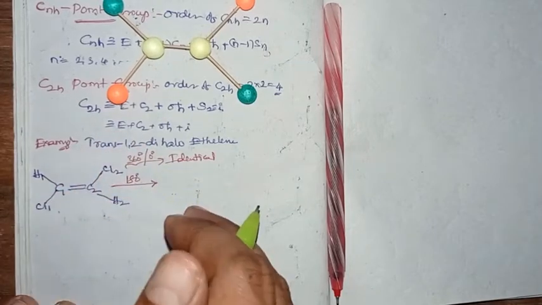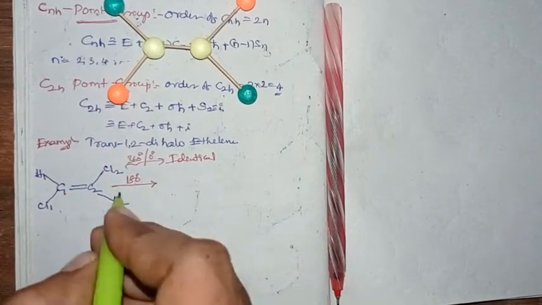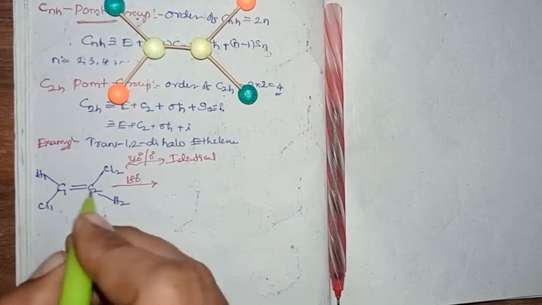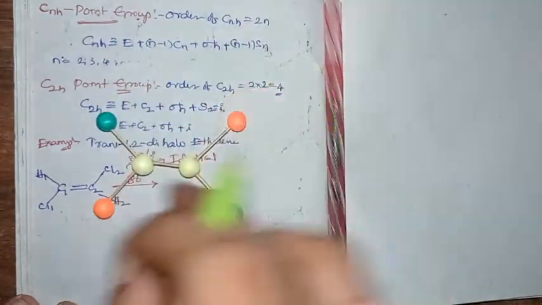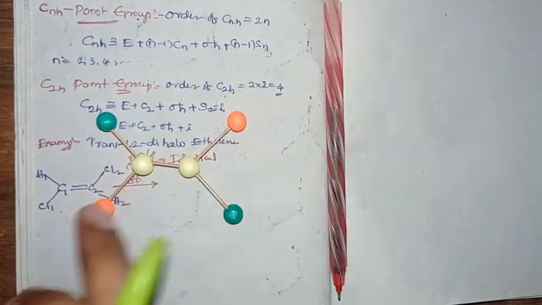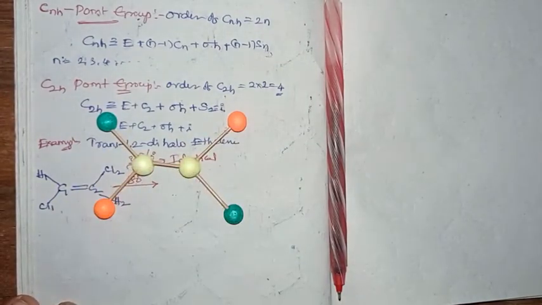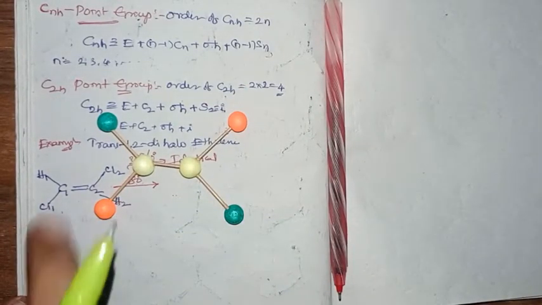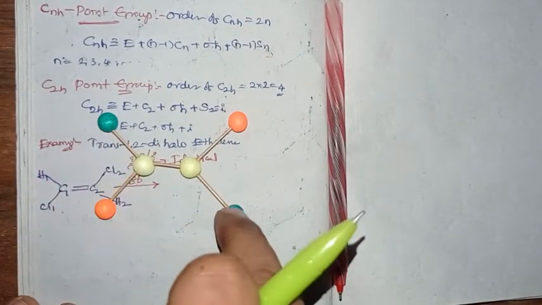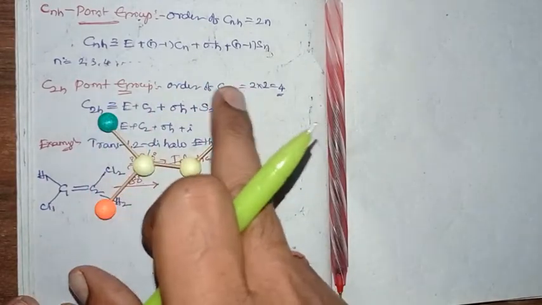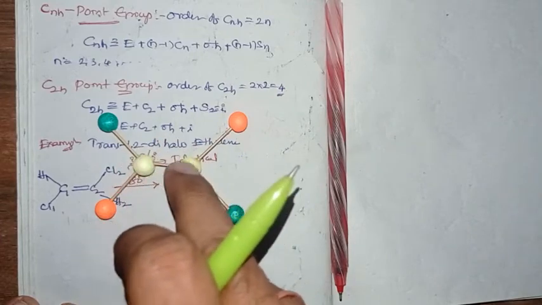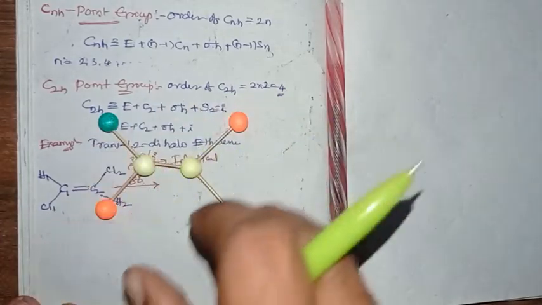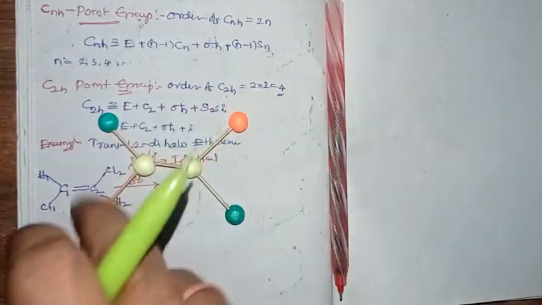In this manner we have to take into consideration the orientation of the axis. How do these 2 hydrogens, these 2 chlorines, these 2 carbons get replaced on a 180 degrees rotation? This has to come here and this has to go there, and the chlorines will be like this. They should replace each other. That's how we have to do the rotation.